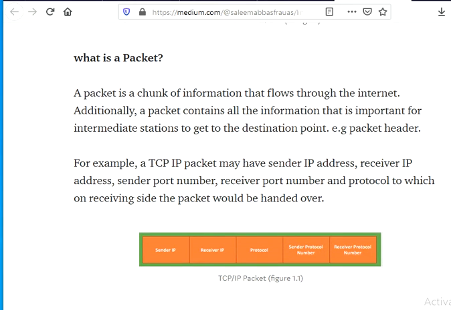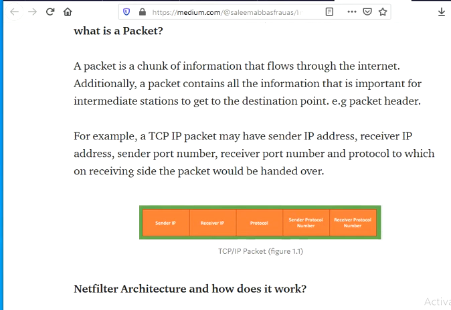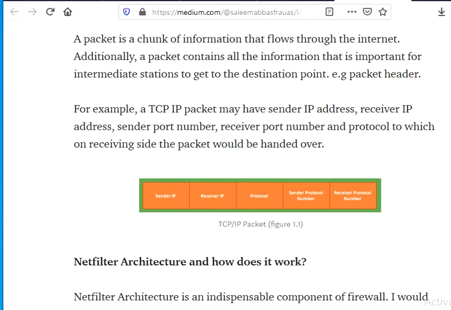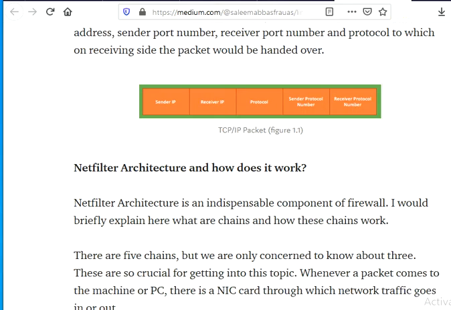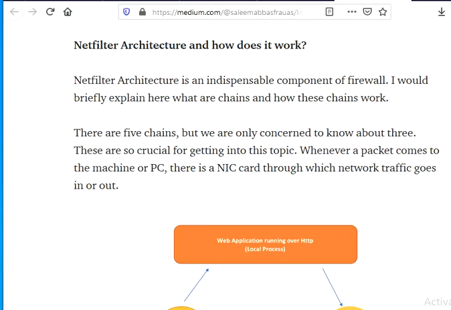If you don't have information about what a packet is, here he was creating one packet with source IP, receiver IP, protocol, sender port number, receiver port number, and so on. This part I would like to discuss: the Netfilter architecture and how it works.